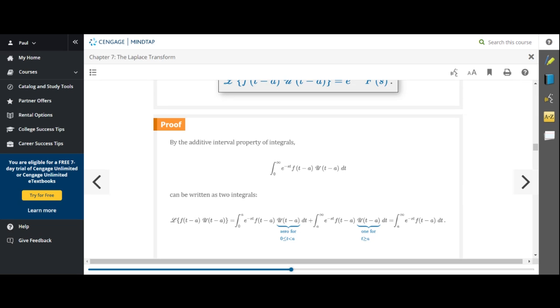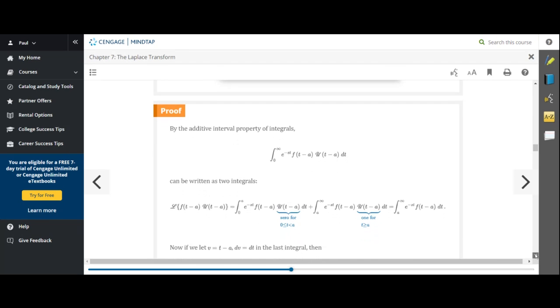The Heaviside function equals 0 for the first integral because t is between 0 and a. It equals 1 for the second integral because t is greater than or equal to a. So the Laplace transform simply equals the integral from a to infinity of e to the negative st times f of t minus a dt.